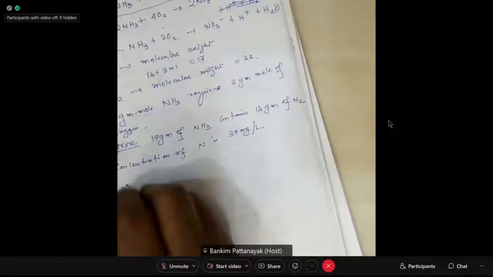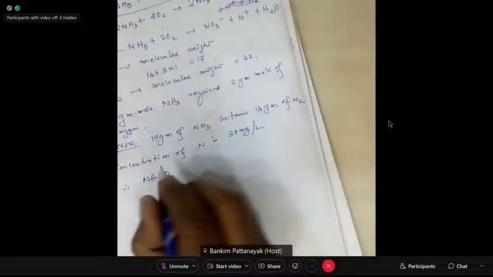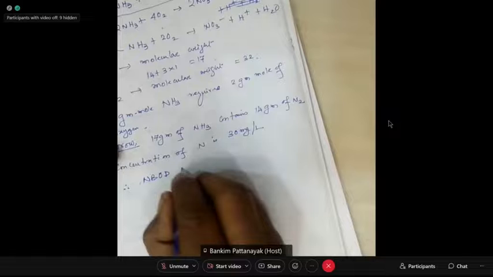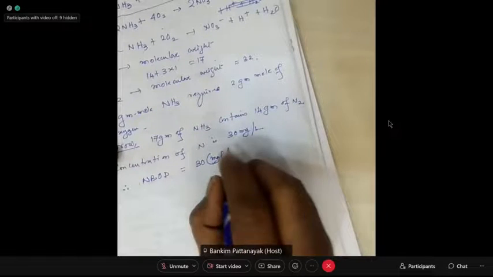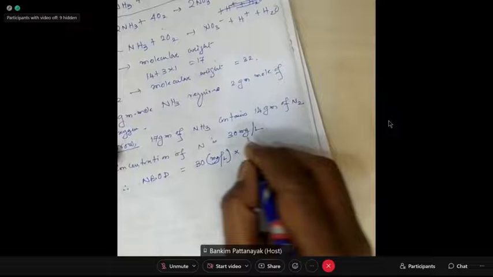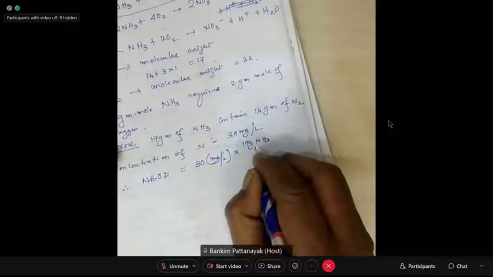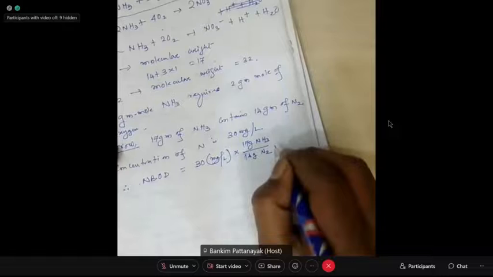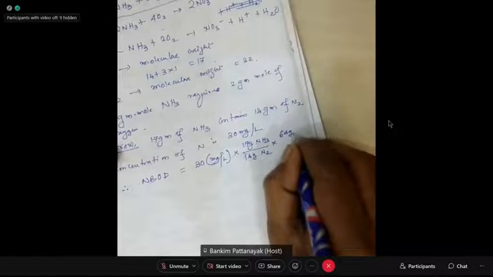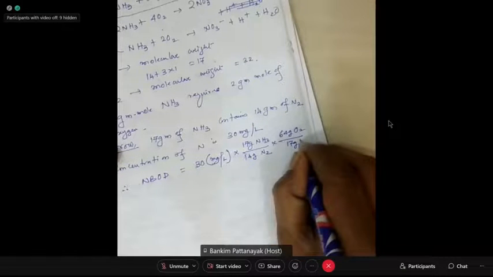Therefore, NBOD, nitrogenous biochemical oxygen demand, is equal to 30 mg per liter into 17 gram of ammonia divided by 14 gram of nitrogen into 64 gram of oxygen divided by 17 gram of ammonia.